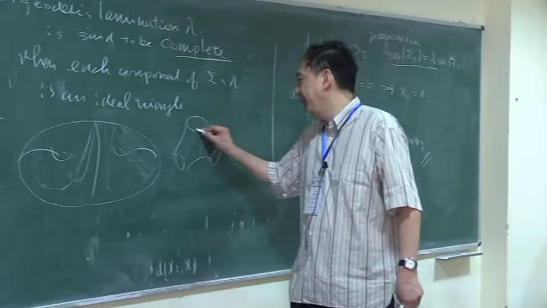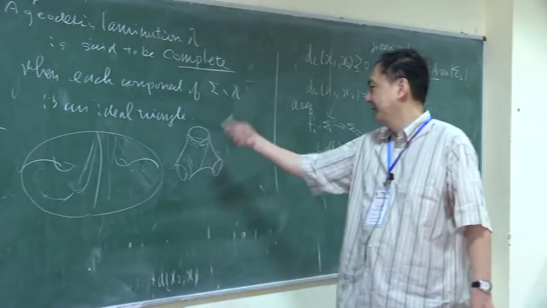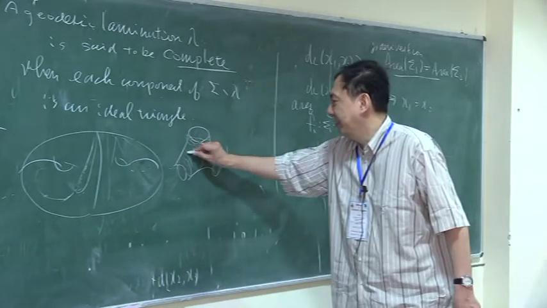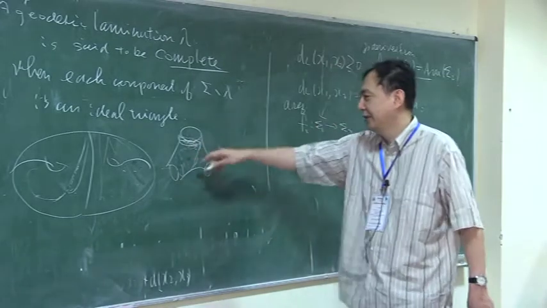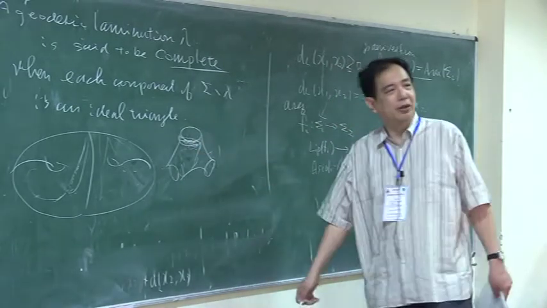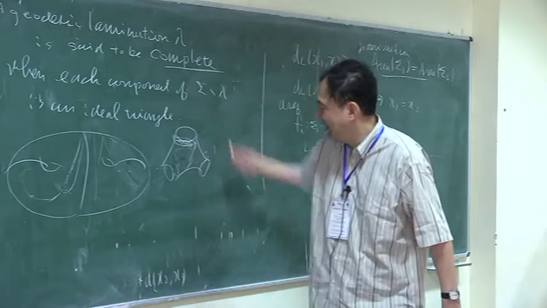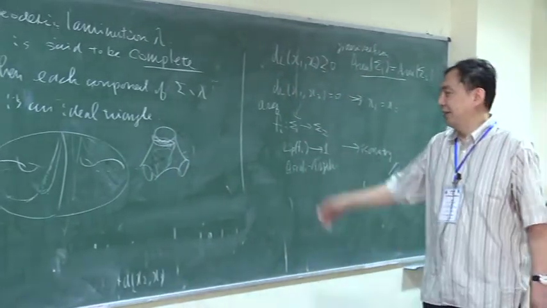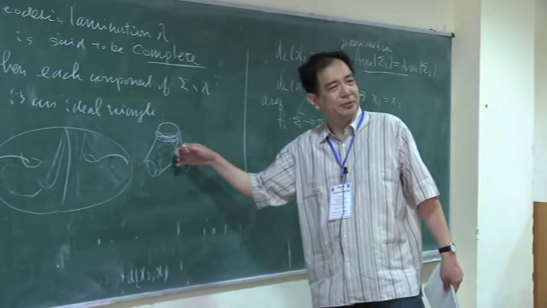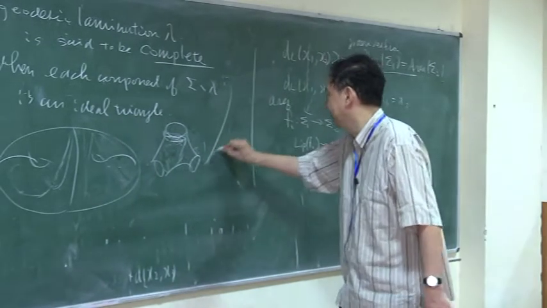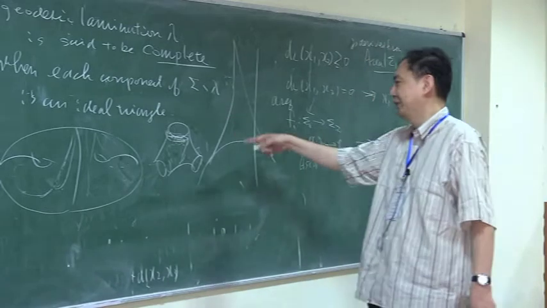Now you put spiraling geodesics there, as many as possible. One there, probably one there, and one there. Then if you consider the complement of this, what you get is something like this. So a union of something like this.